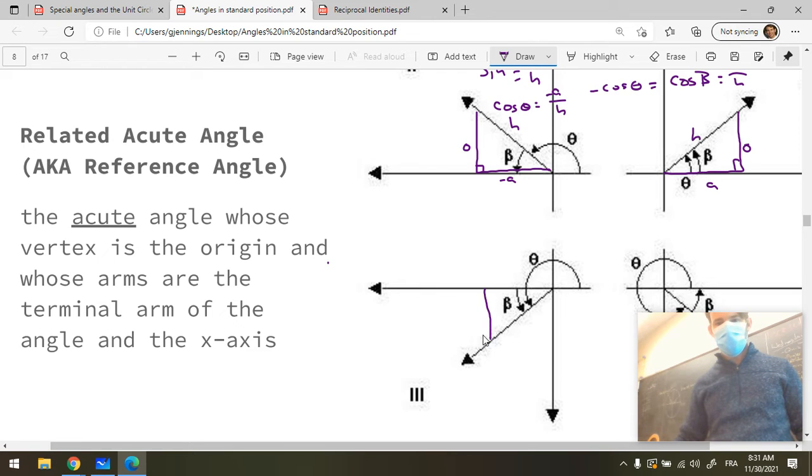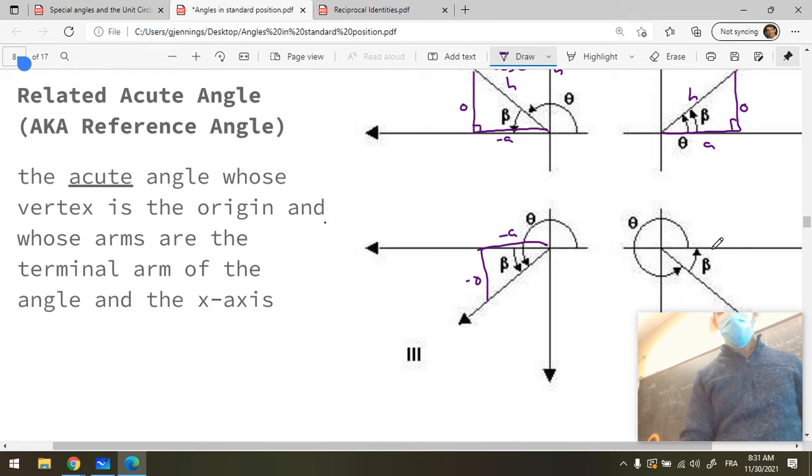So this would be the negative opposite, and this would be negative adjacent still. Negative value here, negative value here. And then if we rotate into the fourth quadrant, it's the amount of angle that we didn't go through. So here, beta, if I reflect that through the x-axis, it would give me this one here.